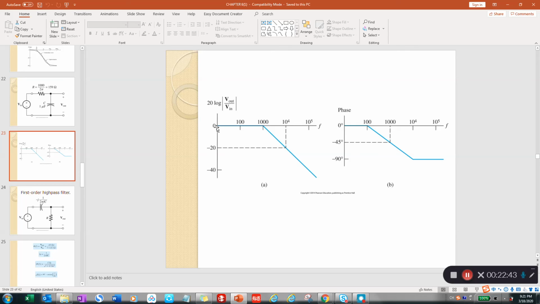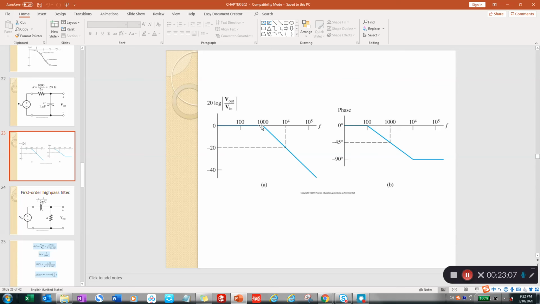So first, we are going to put the 1000 frequency as the middle of our whole range. For the amplitude plot, we know that at 1000, the amplitude in dB will be equal to 0.